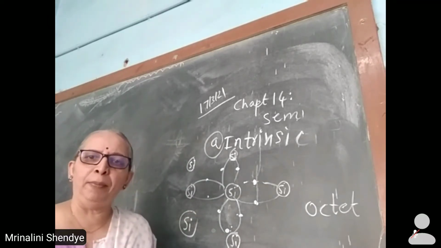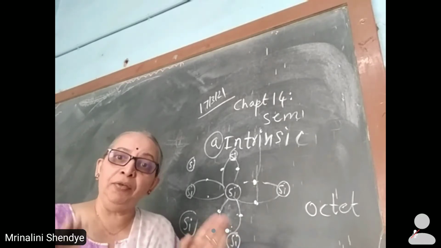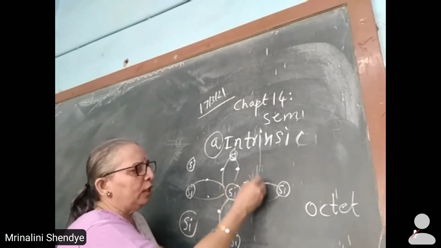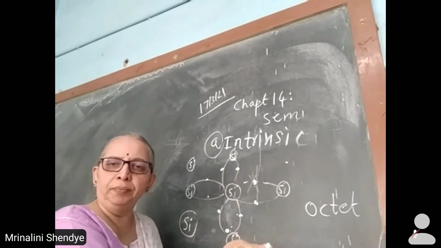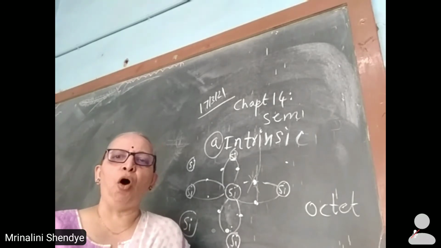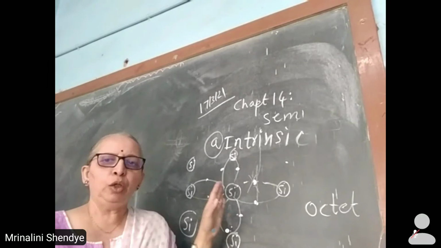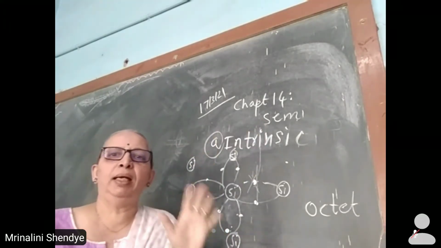So what happens at absolute zero temperature? No electron is extra, unbound, which is available for conduction. So at absolute zero temperature, we don't get any conduction through pure semiconductors.